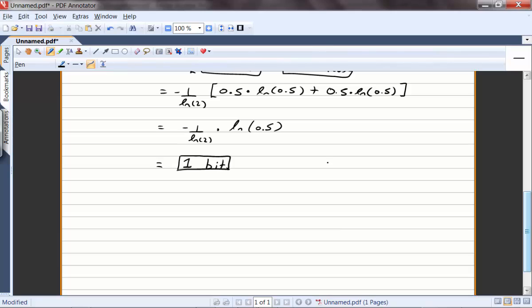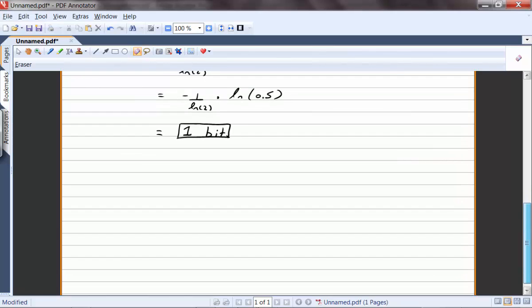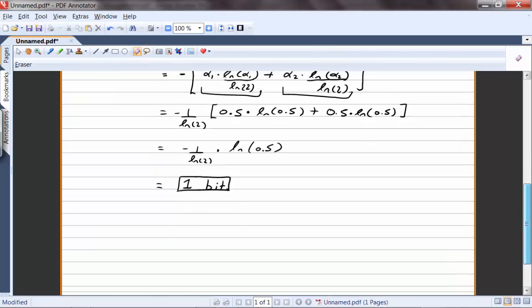And you know that 8 bits equals 1 byte, and so forth. So this idea of bits and bytes and megabytes and kilobytes and gigabytes originated with Claude Shannon.